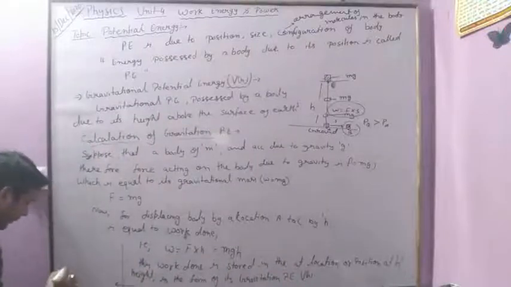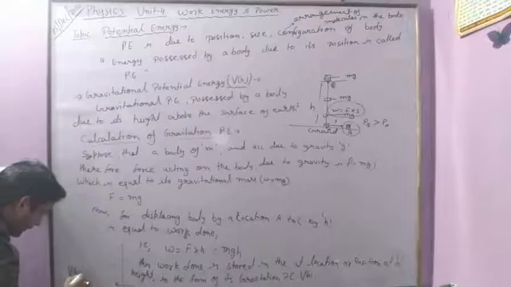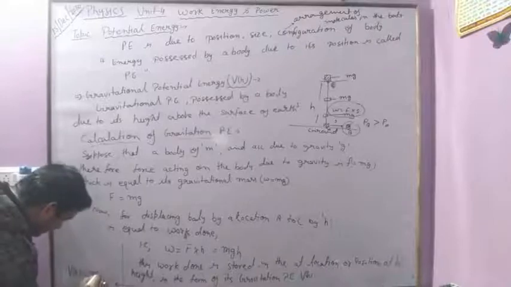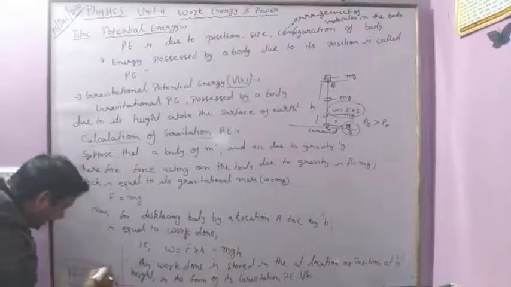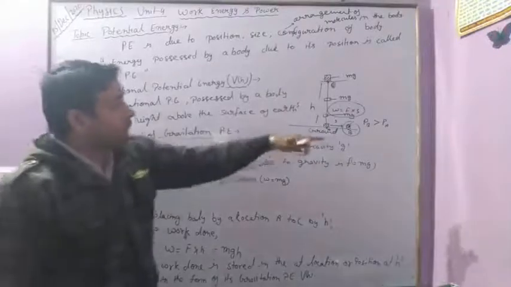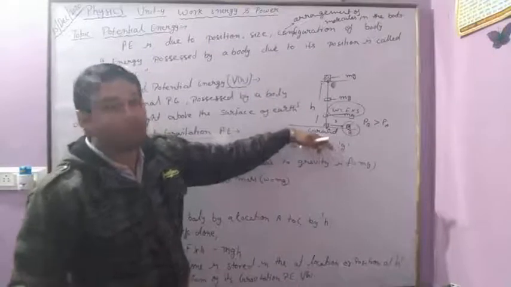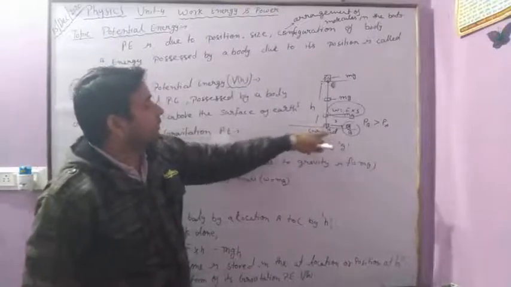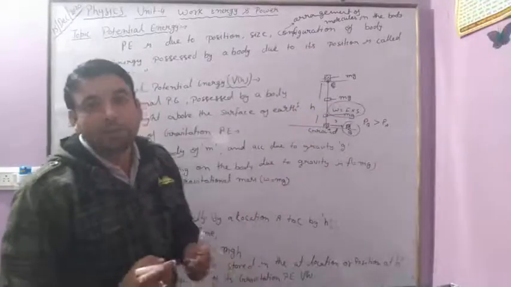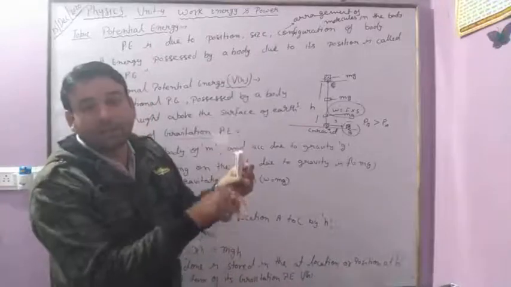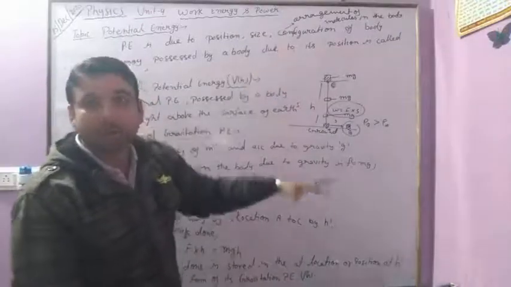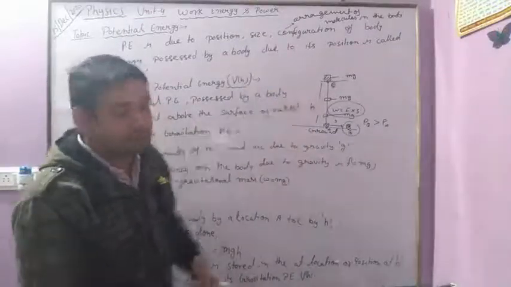Therefore, gravitational potential energy V(h) is equal to mgh. Here, students, as you all know, the work done by the applied force in moving the body from point A to C by height h is taken as positive, but the work done by the gravitational force, which is always an attractive force, is negative.